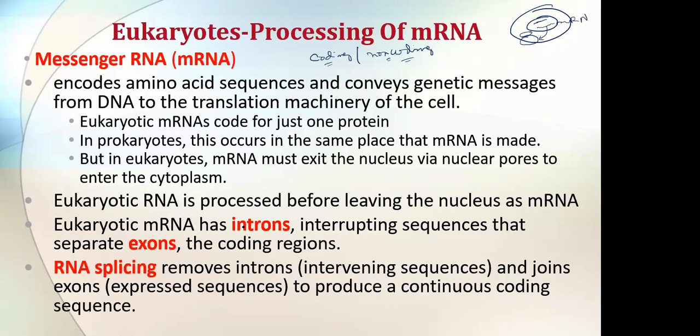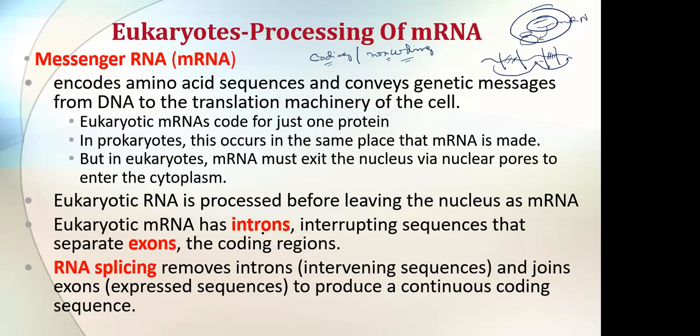So if this is the messenger RNA, let's say this is the non-coding sequence and this is the coding sequence. First it cuts out the non-coding pieces, then it joins all the coding sequences together. This process is called RNA splicing.